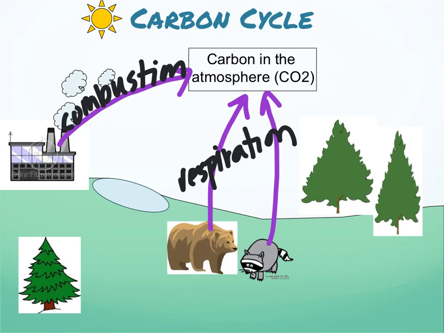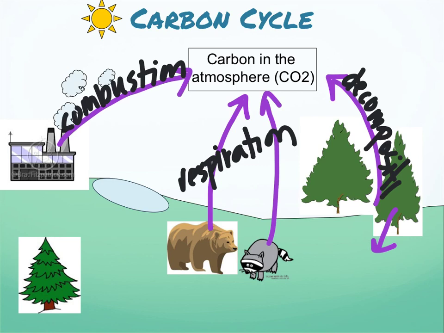And finally, we talked about decomposition, where we do know that plants and animals go into the ground and leave behind some CO2 there. But in this example, we talked about it being released back into the atmosphere. So decomposition. And again, all of those are ways carbon goes into the atmosphere. So notice all those arrows are pointing in an upward direction, bringing the carbon back to the atmosphere.